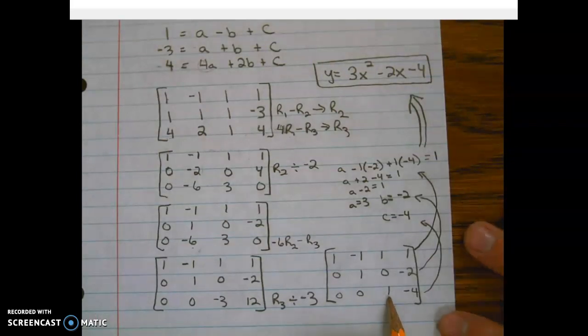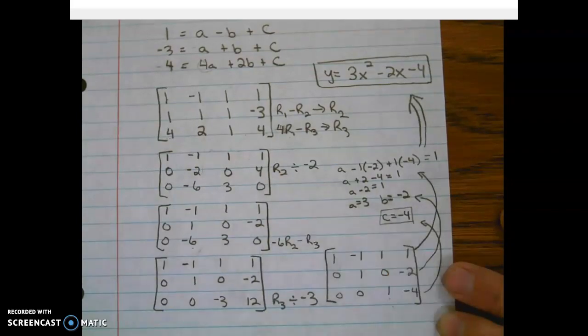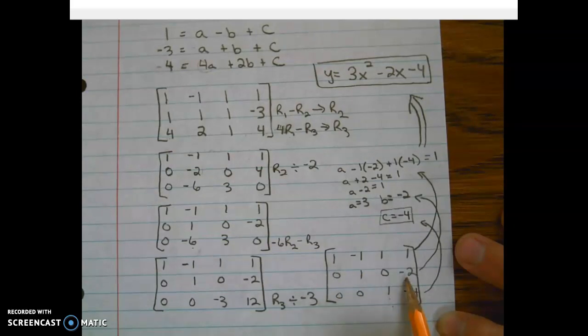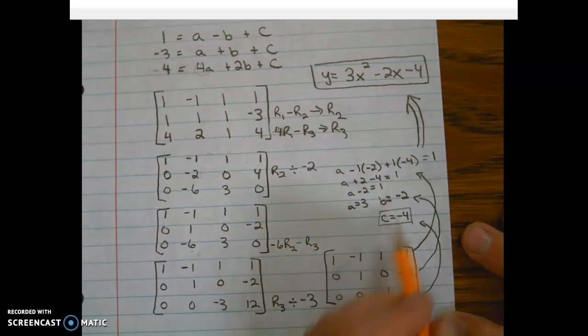So remember, this is my A column, B column, C column. So C equals -4. So there's one of my variables. Hey, look at here. 1b equals -2. No work to do there. So there is my b value.